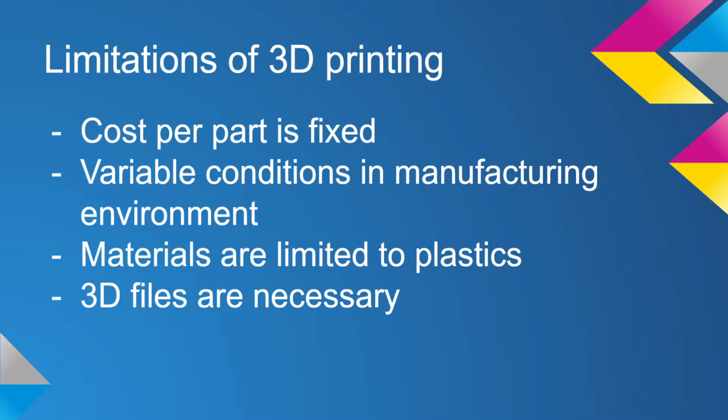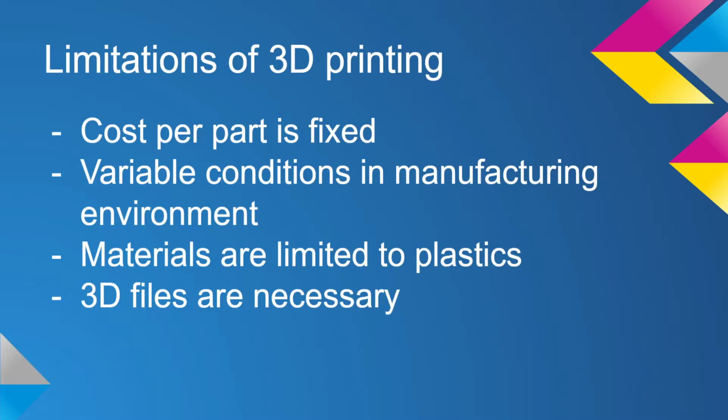So there are also some variable conditions in the manufacturing environment. What I mean by this is the hobby machines that we have aren't true industrial production machines, so there are going to be some failures. Let's say you print 10 of an item, you might have 8 of those turn out perfect, but 2 of them might have some issue caused by air movement causing the part to cool irregularly, your build plate not being up to temperature, being too hot, being too cold, or there being some dust on your filament.